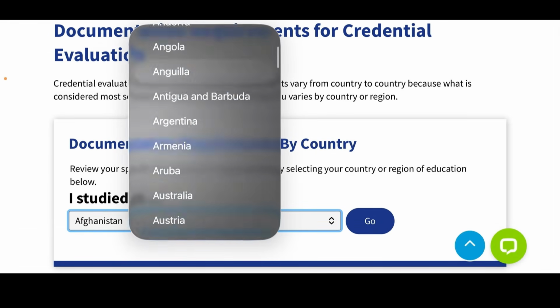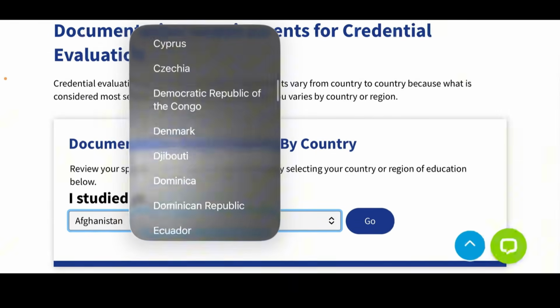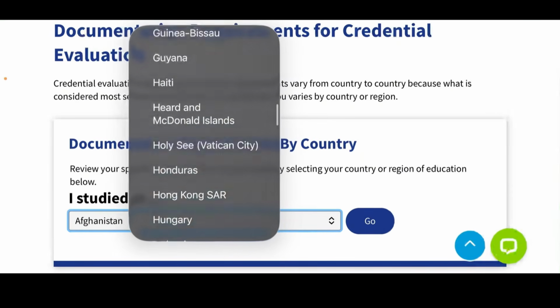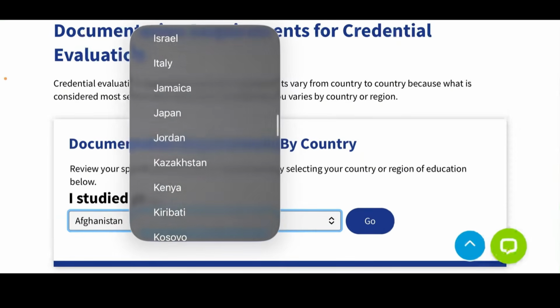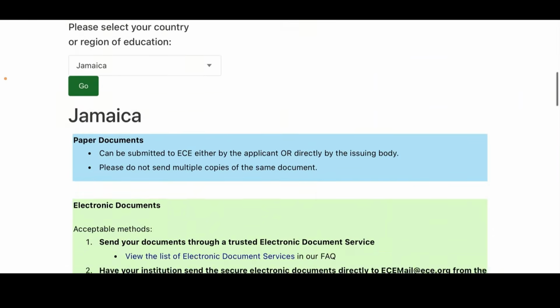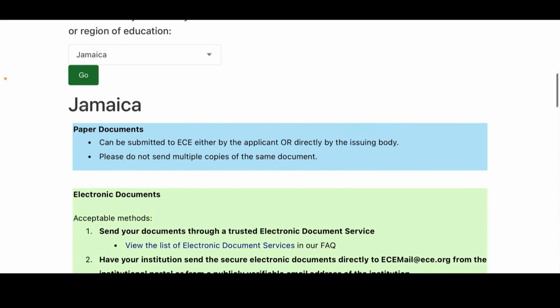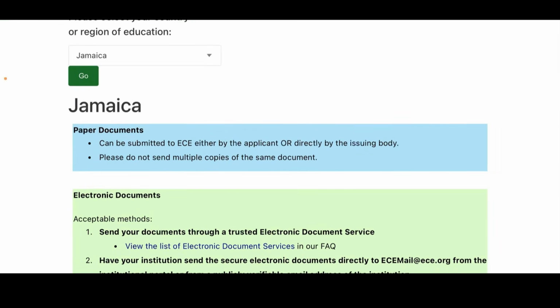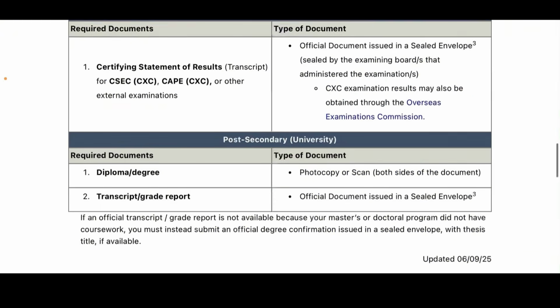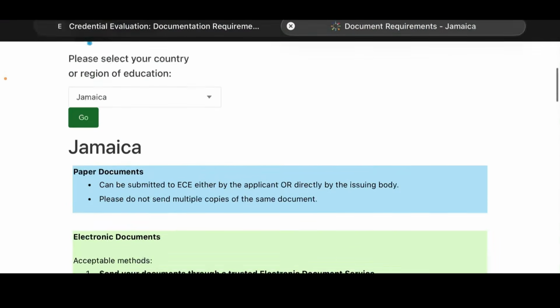So you would find the country you studied in and you would review the documents you need. So let me look for Jamaica, right? And then hit go. This will open up that page you need. So based on your country, select your country. You will see some requirements here. So let's go over them one by one.